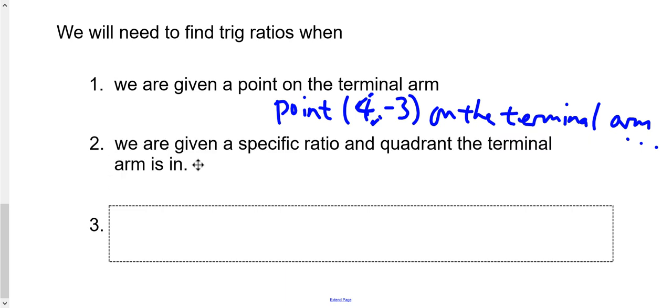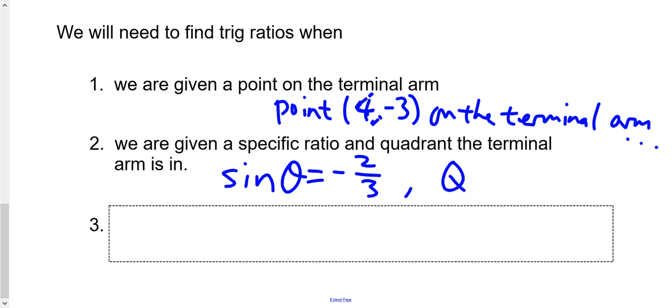And the second scenario is you are given a specific ratio and the quadrant the arm is in. So you may be given something like, let's say sine theta is -2/3, and then you are told that it is in quadrant 4, something like that.